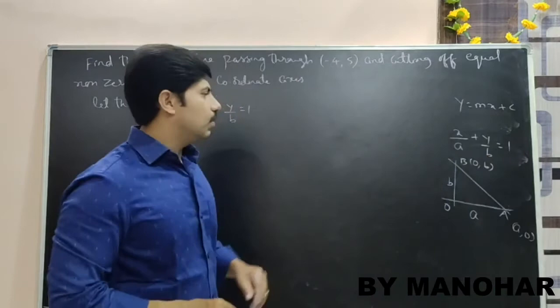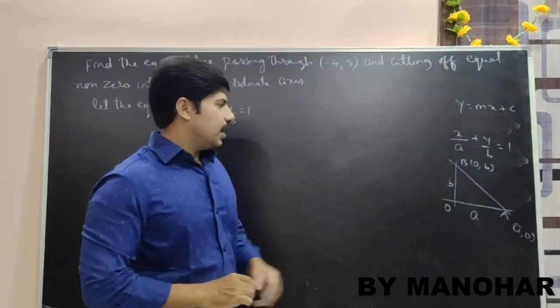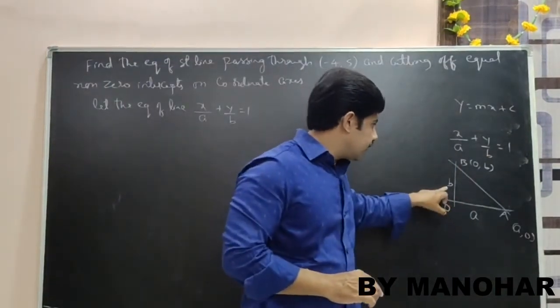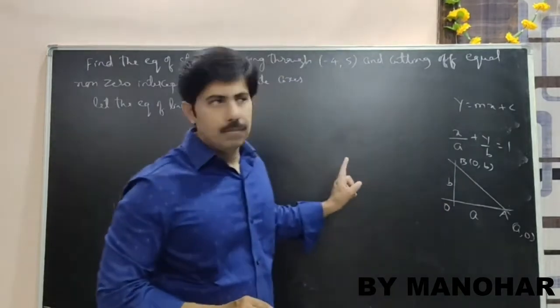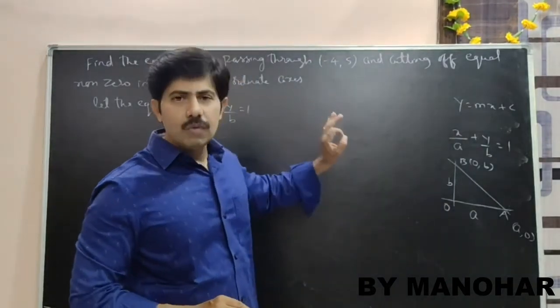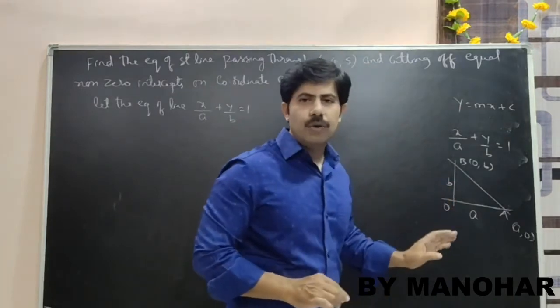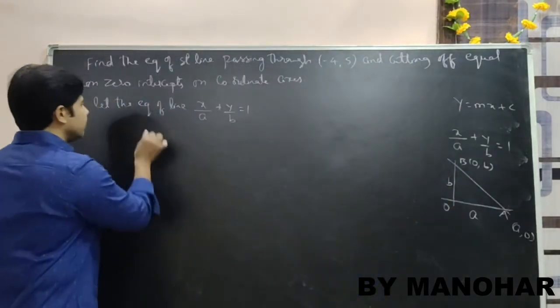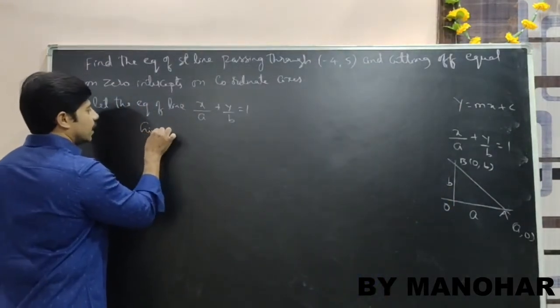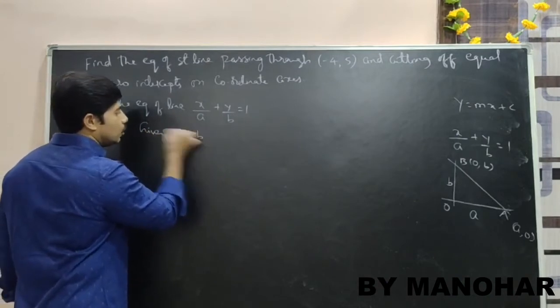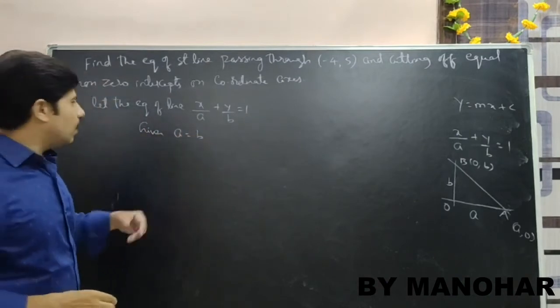Now it is given that x-intercept and y-intercept are equal. It is given in the problem. Cutting off equal intercepts means x-intercept and y-intercept are equal. That means it is given that a = b. Now I'll substitute.